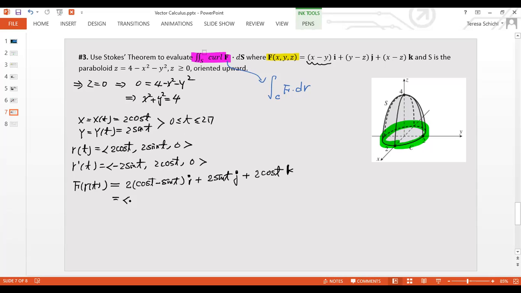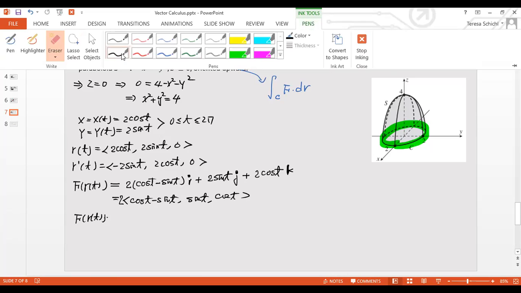If you write it here, you can take the 2 out, right? So this will be cosine t minus sine t, sine t, cosine t. Now the last thing I do is a dot product with r prime t.